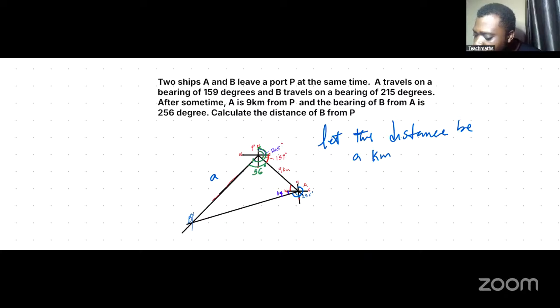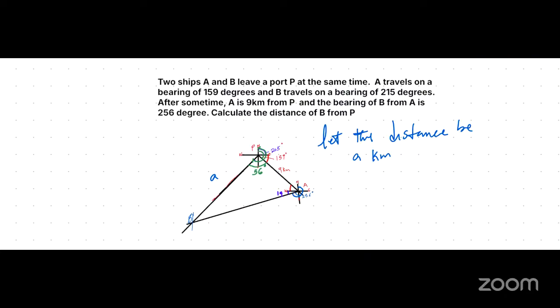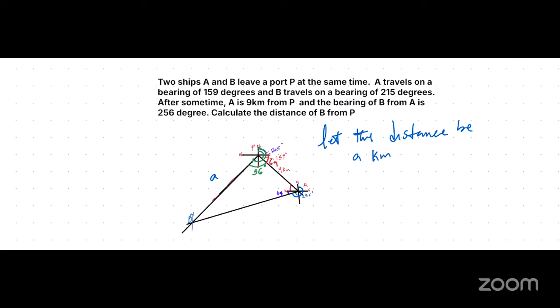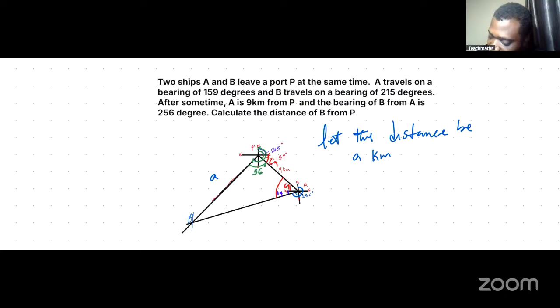I think it should be 159 minus 90. Am I correct? That's 69. So this is 69. That means this also is 69. So all that we have here is what? 83. That means we can find the sum of angles in a triangle.